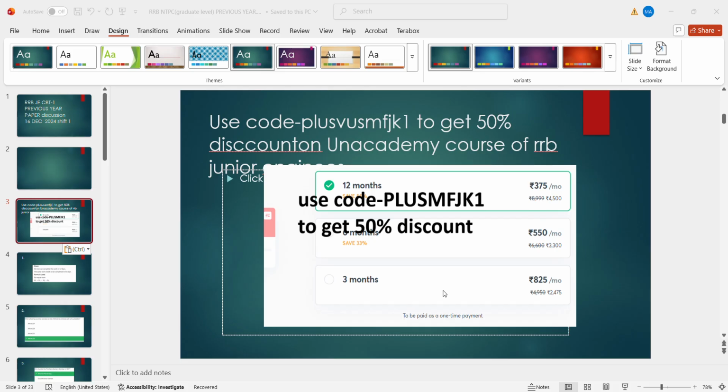The dark blue color of the pH scale refers to a strong basic solution. Next is the question from direction.